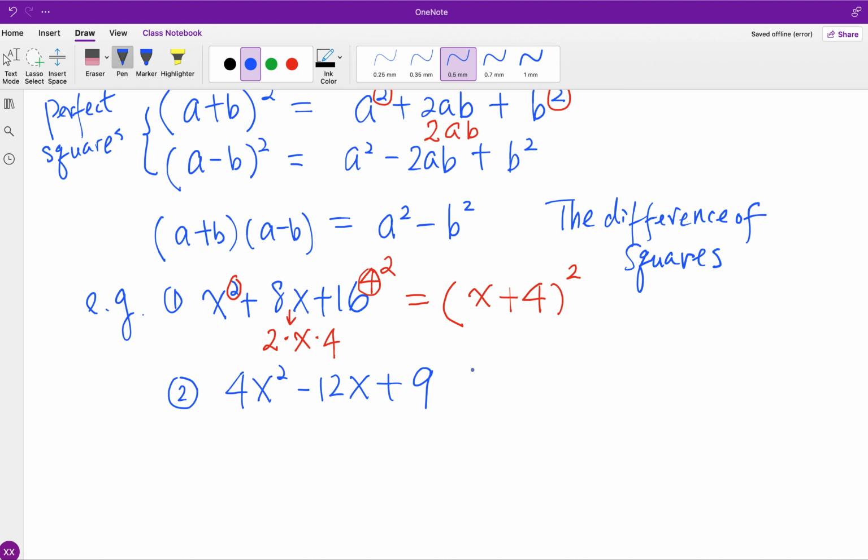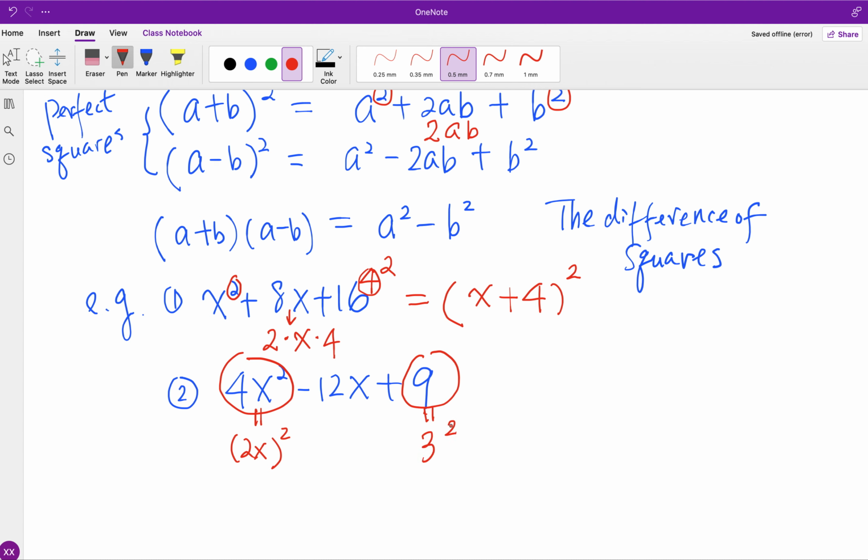All right, so right away you want to be aware that this first term could be rewritten into (2x) to the power of 2. Now your last term, the trinomial's last term, could also be rewritten into 3 to the power of 2.